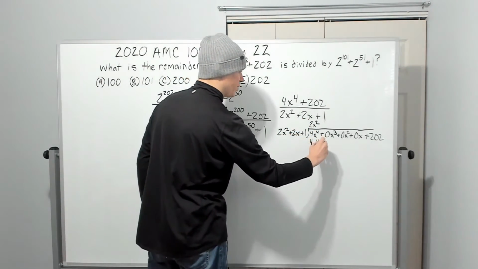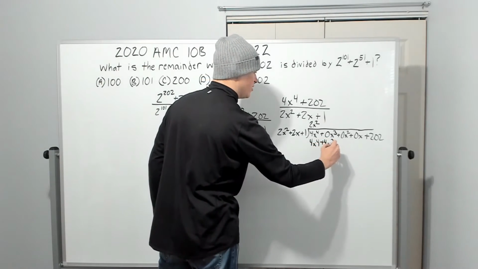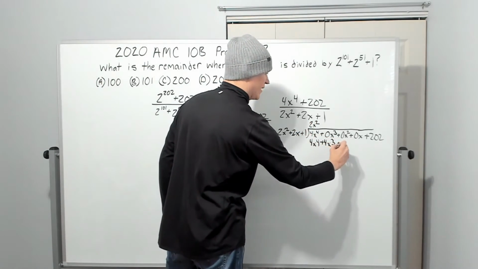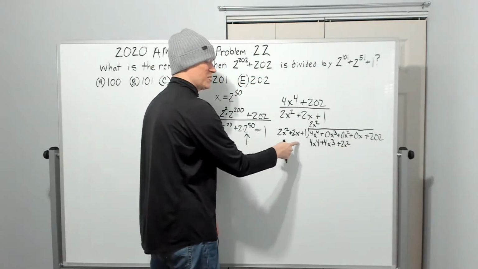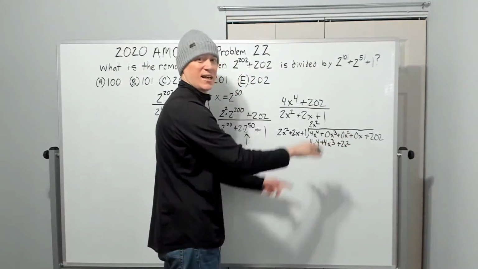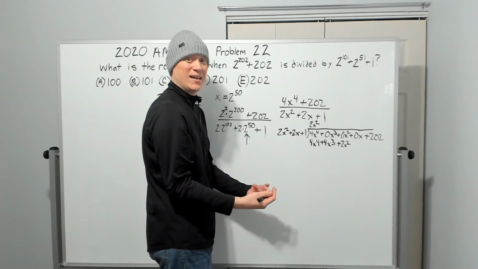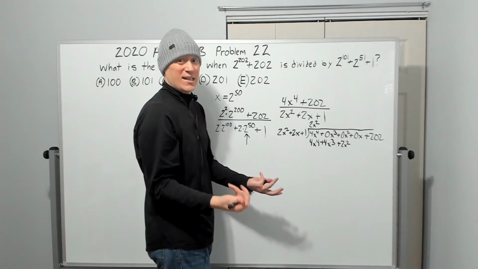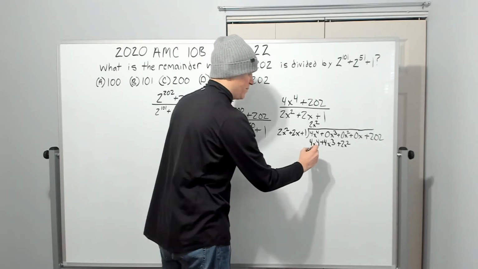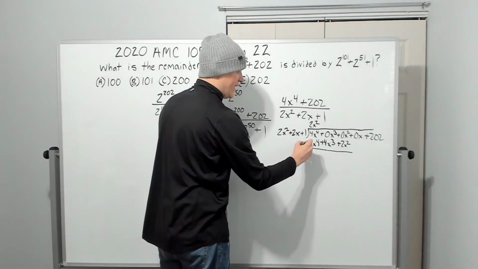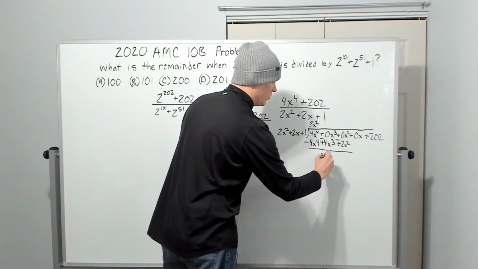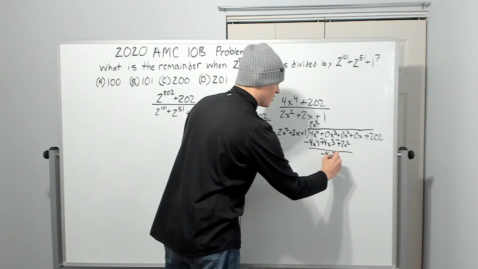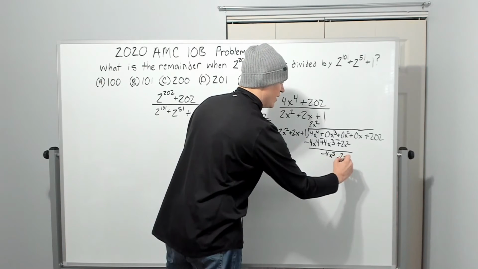This is going to be plus 4x cubed and then plus 2x squared. Okay, then my method for long division is I don't subtract. I change the signs and add. That's the same thing, but subtraction creates more mistakes than addition does, from my experience. So I draw a line and I change these signs to negative and you add down. You will get negative 4x cubed minus 2x squared.